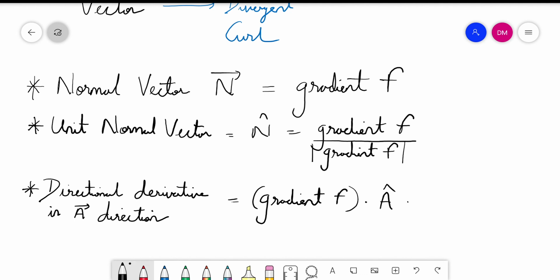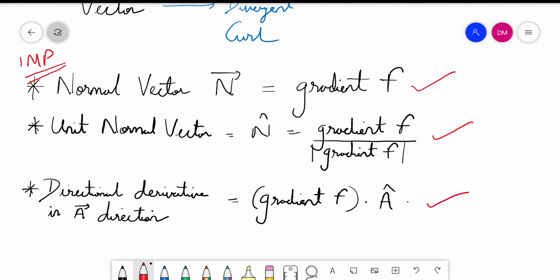So these three formulas are quite important. The normal vector is equal to the gradient of f. The unit normal vector is the gradient of f divided by the mod of the gradient of f, and the directional derivative in a vector direction can be found with the help of the gradient of f into a cap.